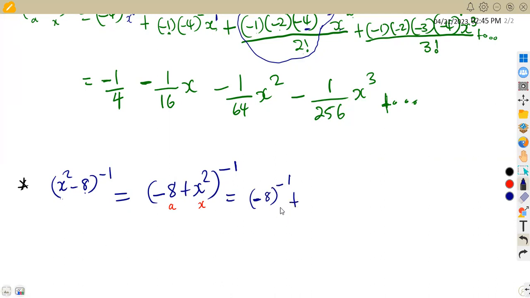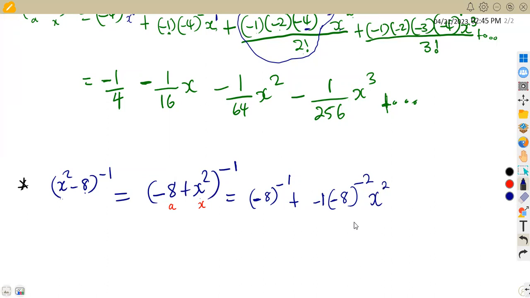Plus, remember I said you apply the derivative concept. You drop the exponent, that's a -1. We subtract 1 on the exponent, so that's -8 to the exponent of -2. -1 minus 1, that's -2 to the power of -2. At that moment, x is now appearing, but it's appearing as x to the power of 2.